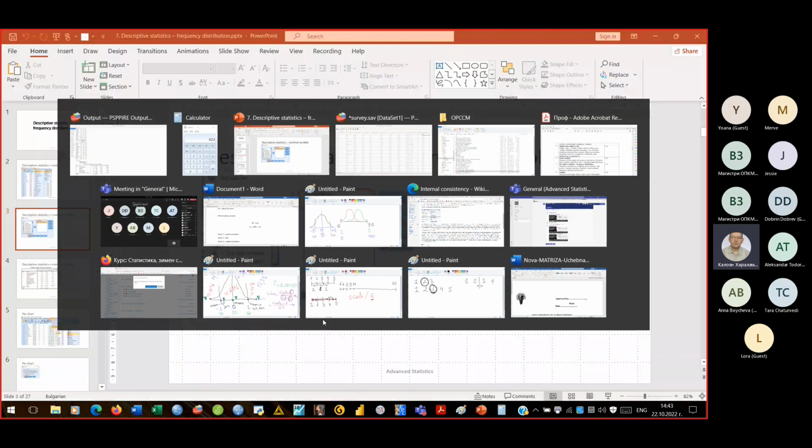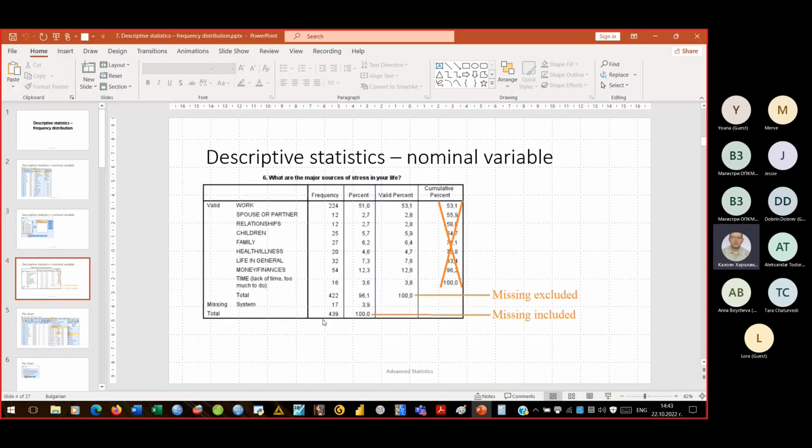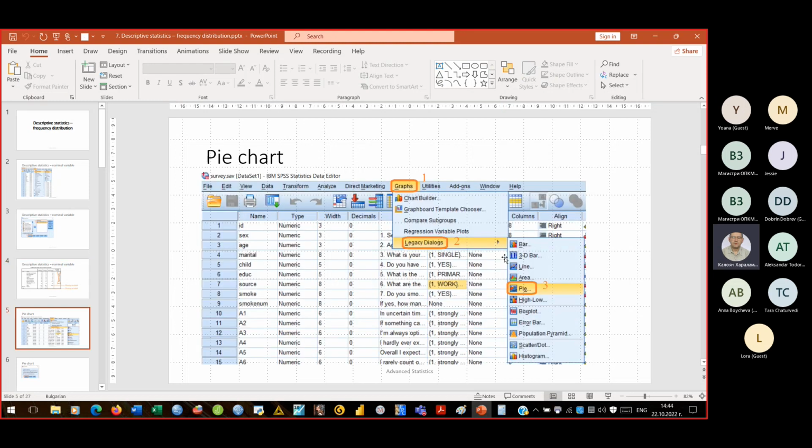And in presentation is shown the same. Percent with missing included, valid percent with missing excluded, and skip column cumulative percent.